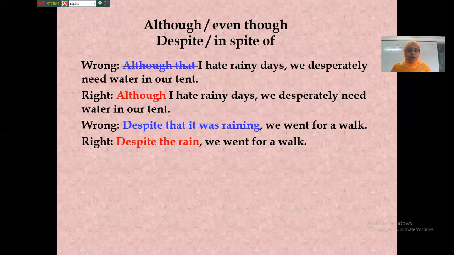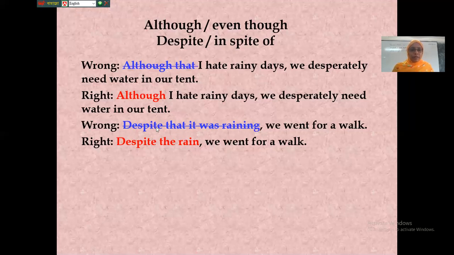Let's go with another sentence: "Despite that it was raining, we went for a walk." That is also wrong, because "despite" is a connector, and beside "despite" you do not use a complete sentence and another connector word.